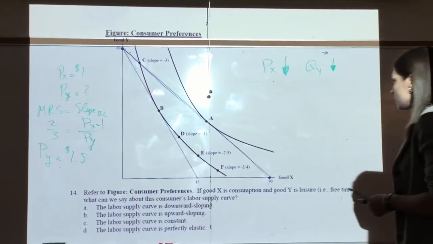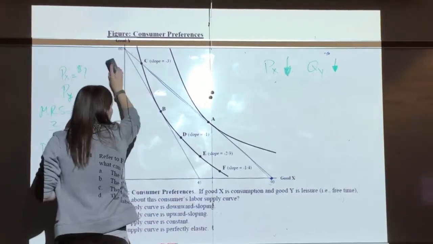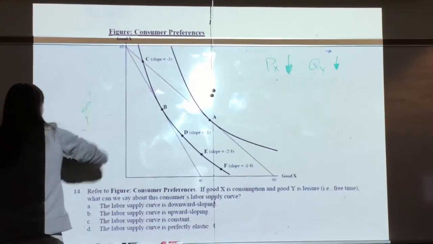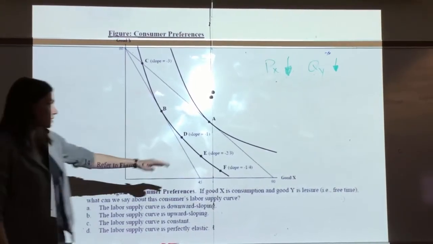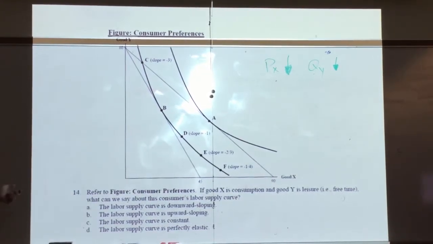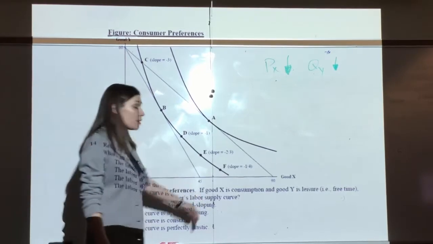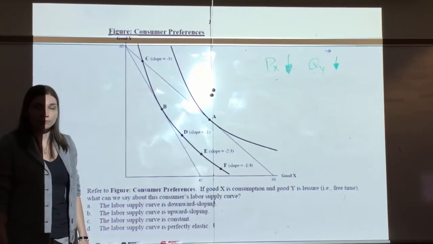Alright. So now we're going to change things for a little bit. We're going to call X consumption. And Y is going to be leisure. So if good X is consumption, good Y is leisure, or free time, what can we say about this consumer's labor supply curve? Now, what is the labor supply curve?